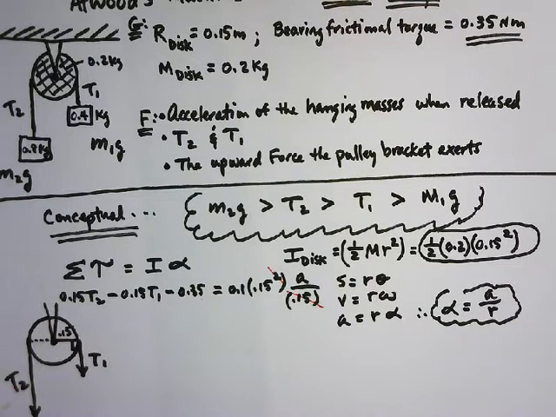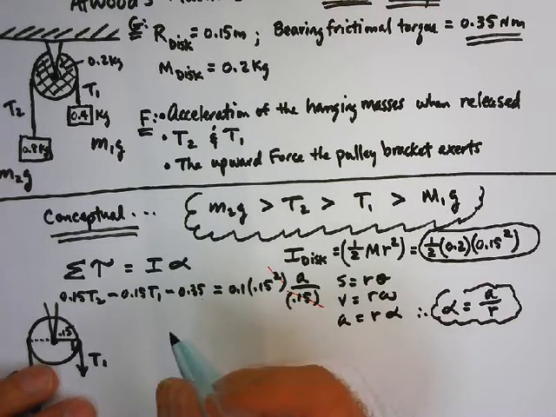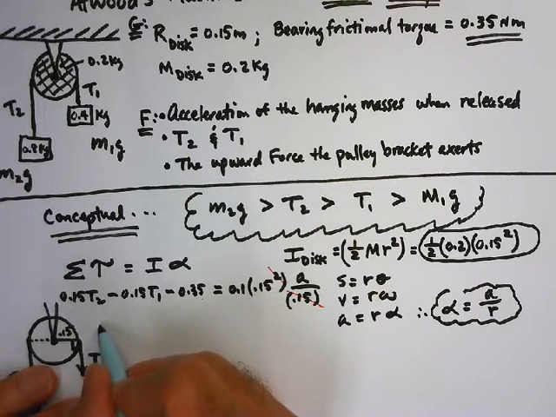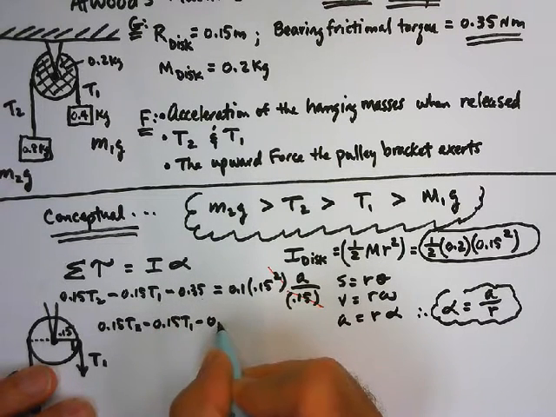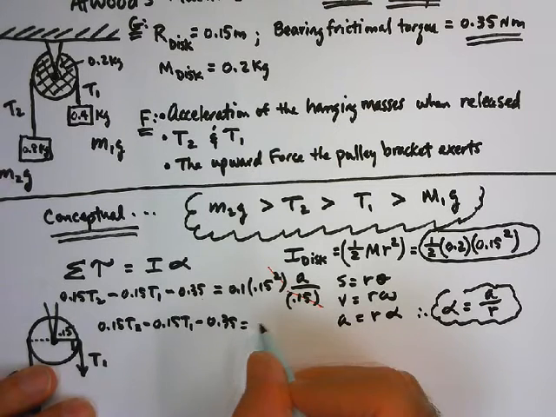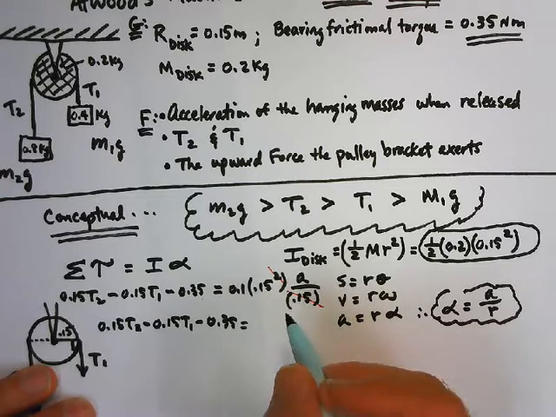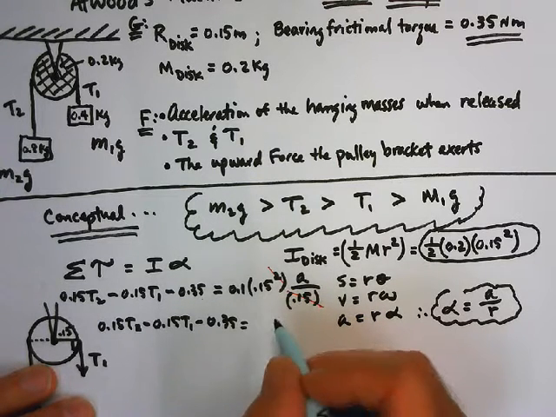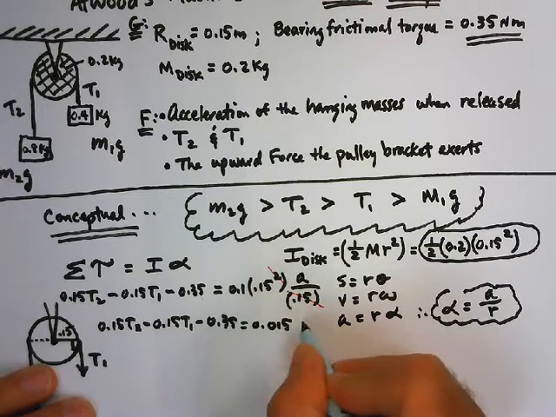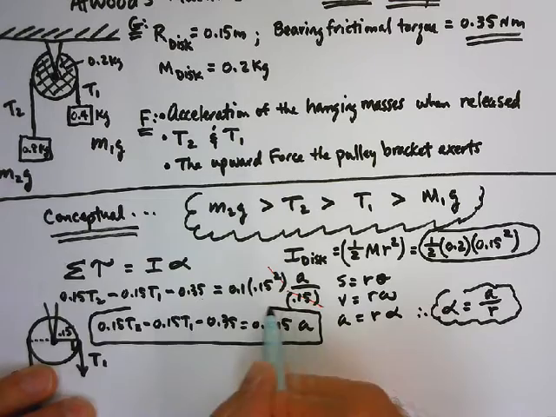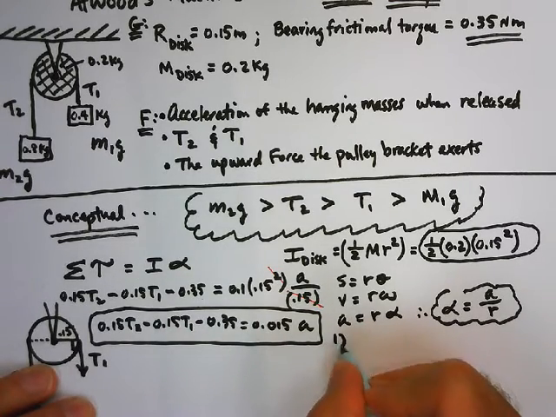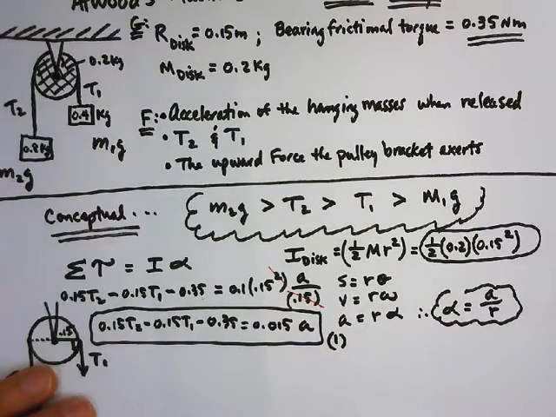Hopefully you didn't get too confused, but we end up with, I'll just rewrite it again, 0.15 T2 minus 0.15 T1 minus 0.35 equals 0.1 times 0.15, which is 0.015 A. So this right here is a result that we can keep.